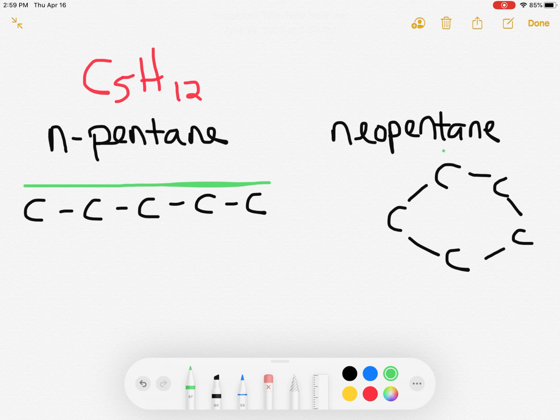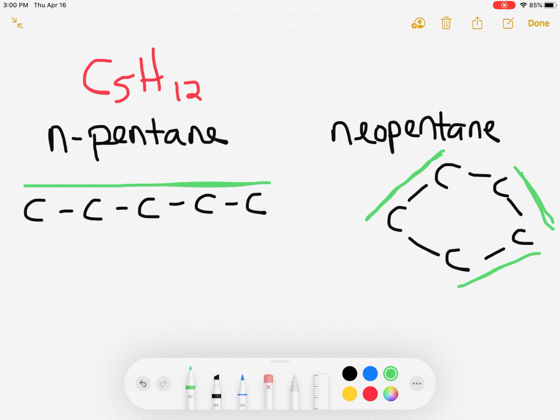But over here on neopentane, the ball, really that's all the surface area I have right there on those two carbons. Over here, over here. So I just have these little spots where it can form London dispersion forces with another molecule. So the shape of the molecule affects how strong those dispersion forces are.